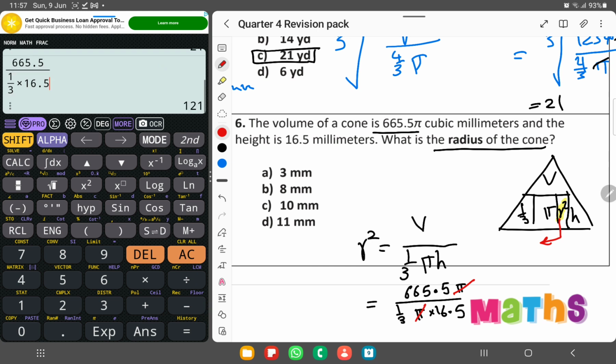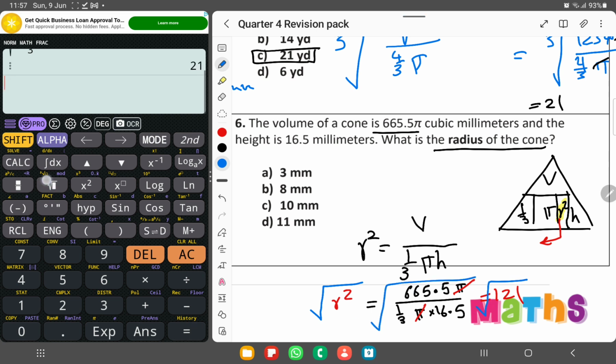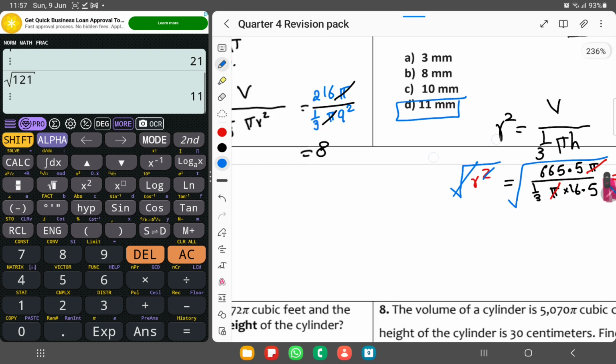So what is the answer? It is 121. But take care, this is r power 2. We still need to do the square root left, square root right. So square root 121 is 11. Why did I do square root? To get rid of the power 2. Very good.